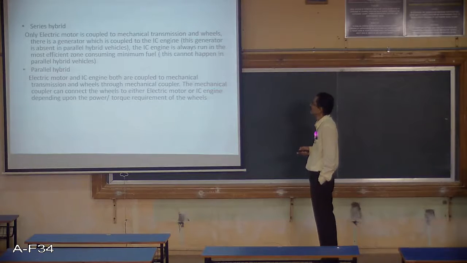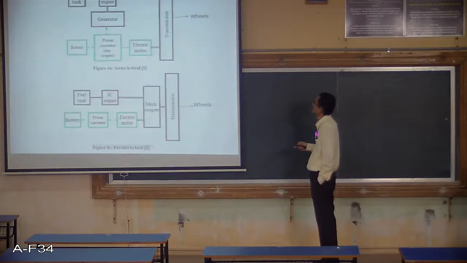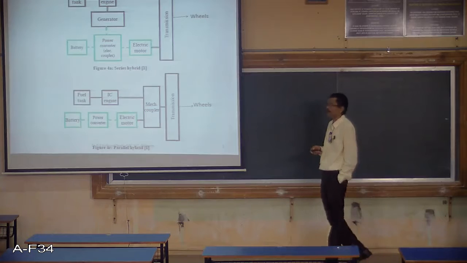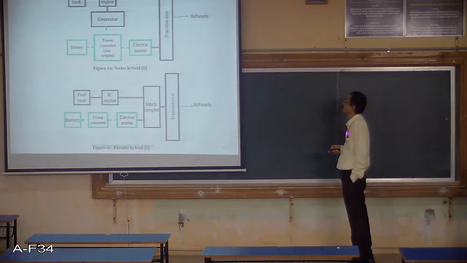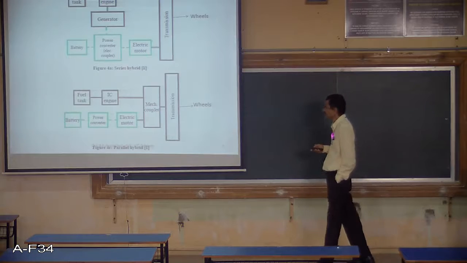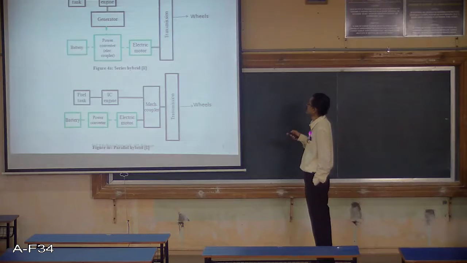Out of this, in series hybrid, as we have seen, there is only one drive mechanism for the wheels, that is only through the electric motor. There is a separate generator and IC engine along with the fuel tank. This IC engine will be fueled through the fuel tank, and the generator will run because it is mechanically coupled with the IC engine.